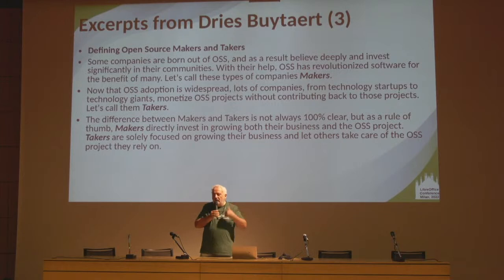Then with the other 50% they make business, they make money, as is normal for companies. And then there are the takers. The takers are the people that leverage open source, do a little bit, and then take all the rest. And he says this is 10 and 90. So they invest 10% in open source and they take 90% out of open source.